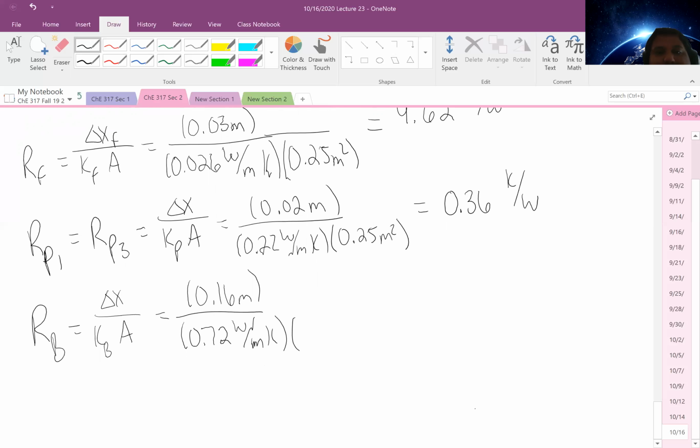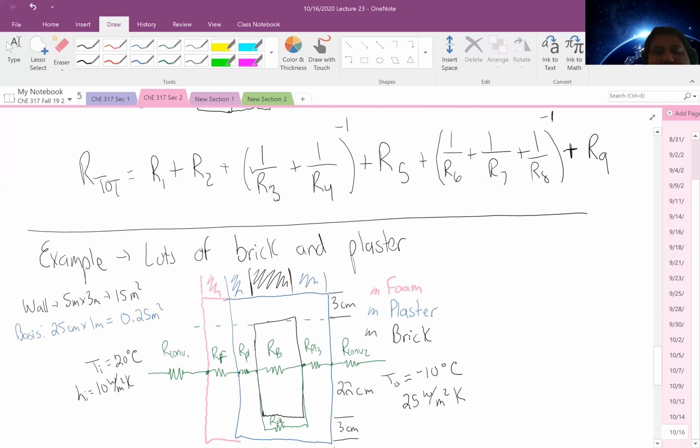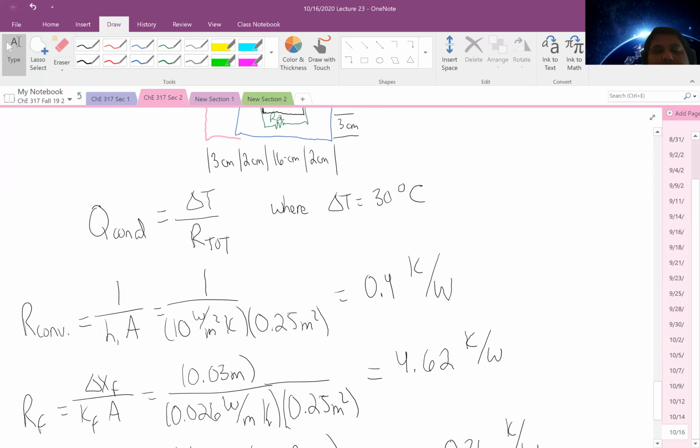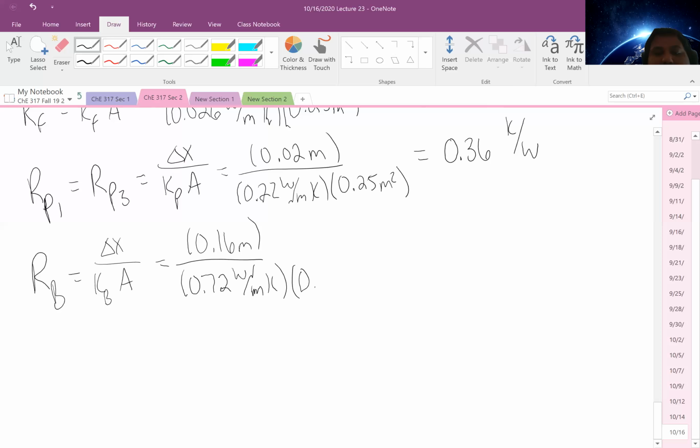And the area is going to be different than our basis because it only covers 22 centimeters of the 25 that we're basing our problem off of. So the area here is only going to be 0.22 square meters. This gives us a value of approximately 1.01 kelvins per watt.